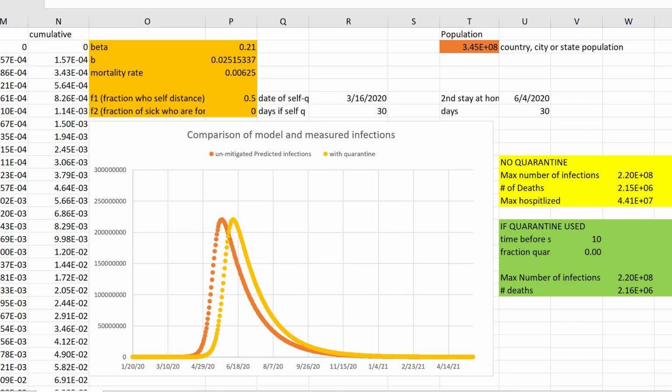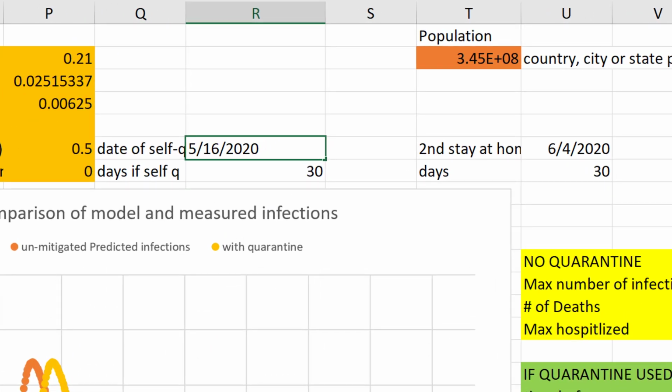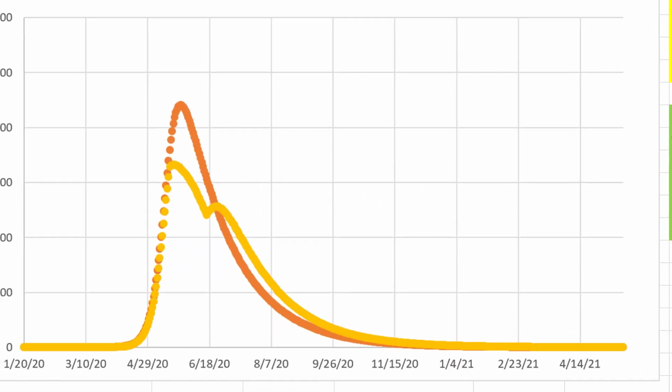The best way to visualize this flattening of the curve is to go ahead and choose the implementation of social distancing a little bit later in time. So it's happening during the exponential increase in the number of infections. So let's go ahead and change this date. Instead of March, let's change it to May 16th, and let's do it for 30 days.